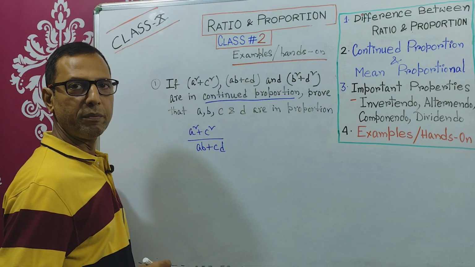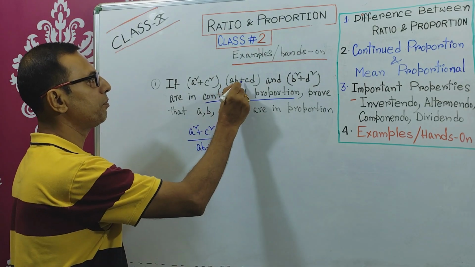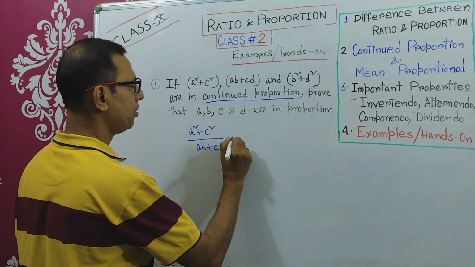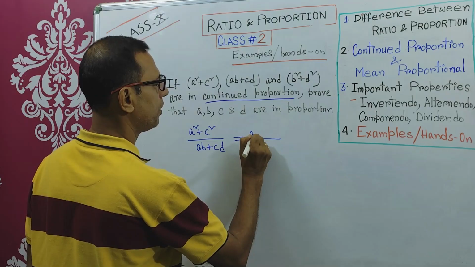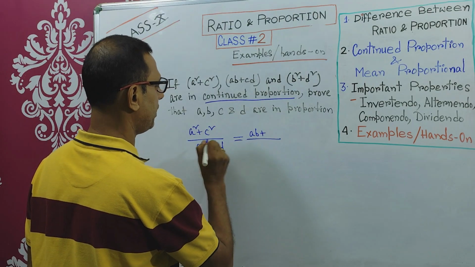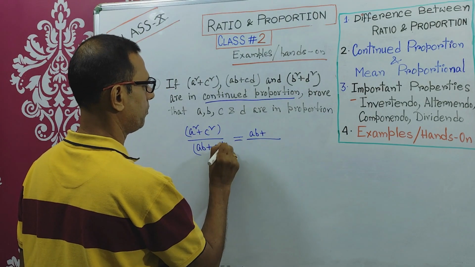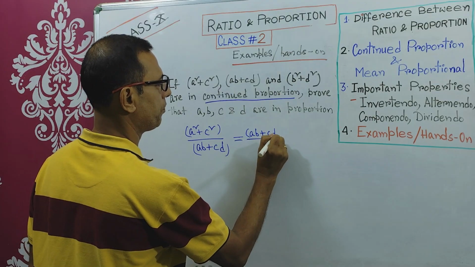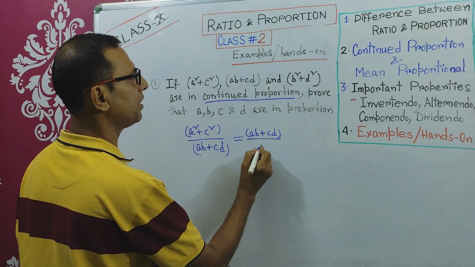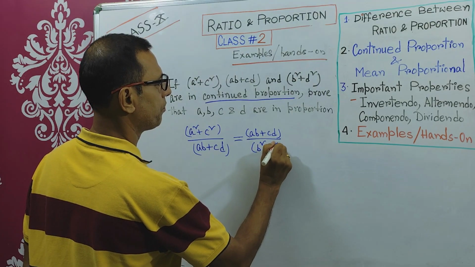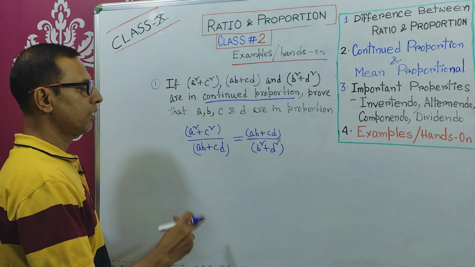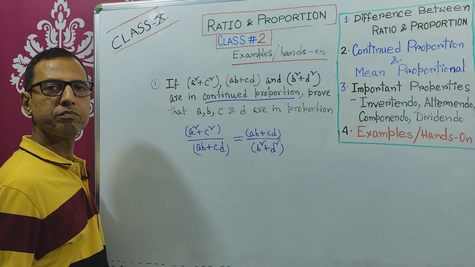If three elements are in continued proportion, that means the middle one is the common one. So A square plus C square by AB plus CD equals AB plus CD by B square plus D square. This is the given relationship.